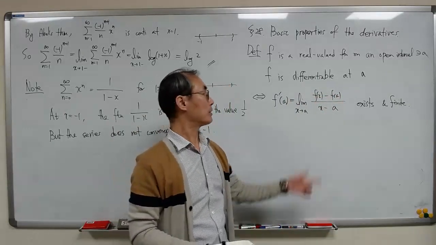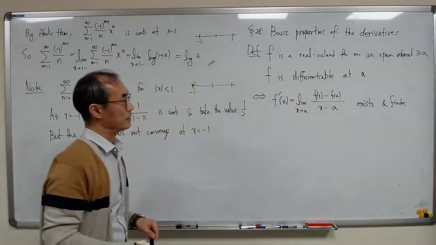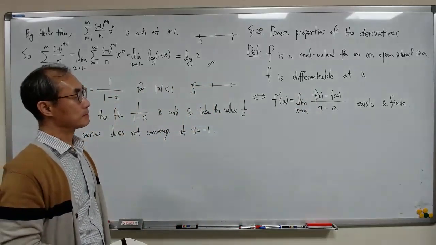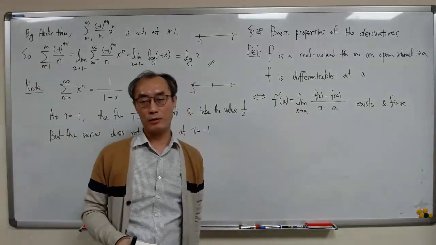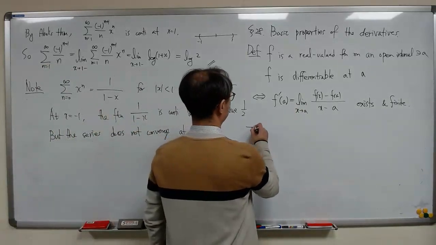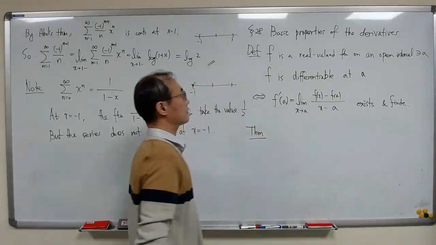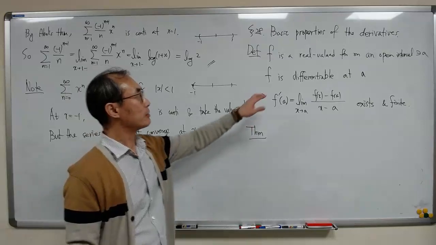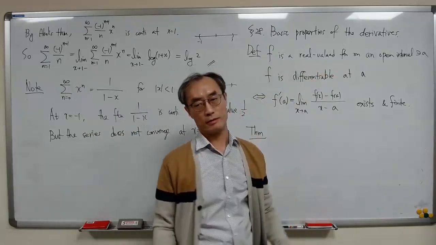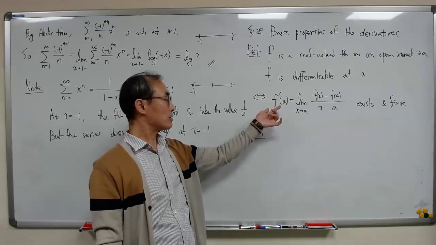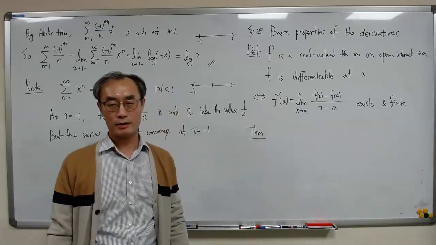The differentiability is defined by the existence and convergence to a finite value of this expression. In the whole definition of differentiability, we simply assume a real valued function and the existence and finiteness of this value, f prime of a.